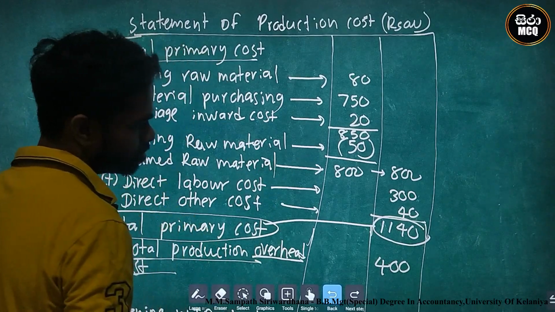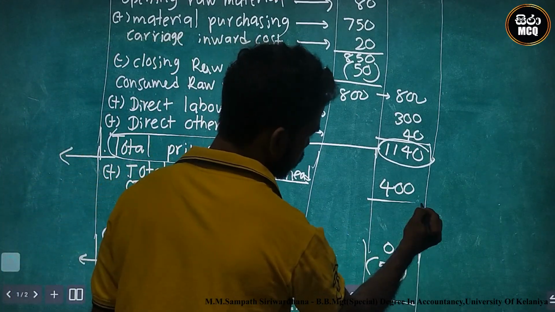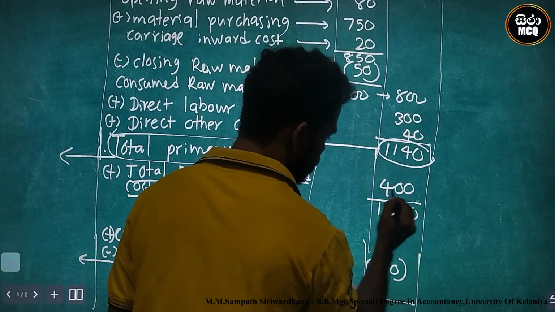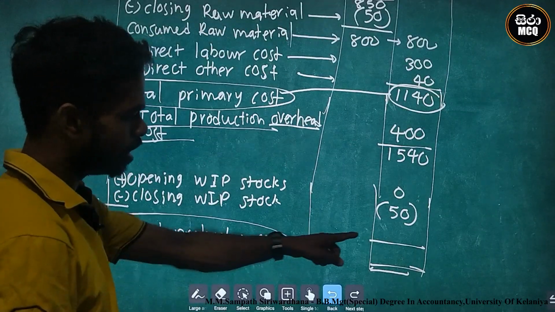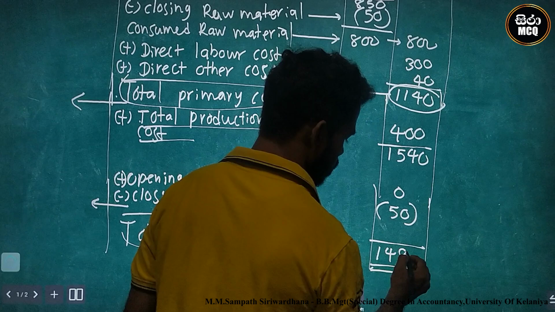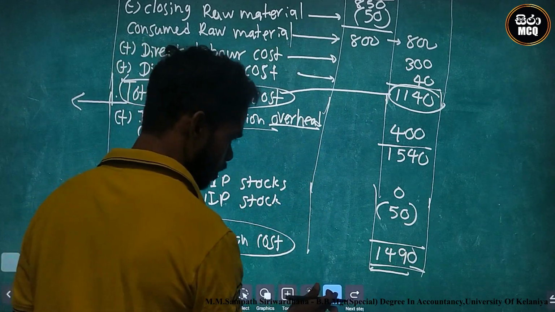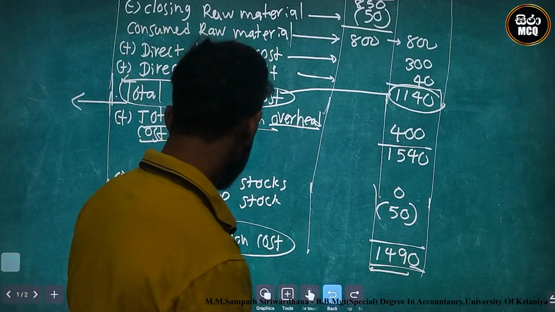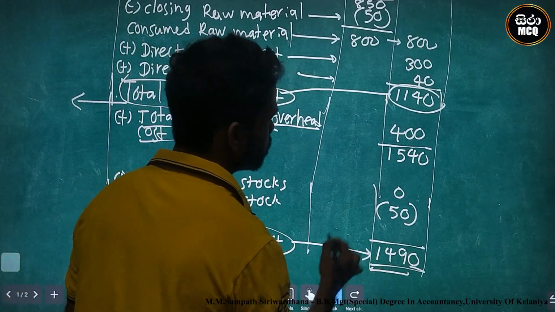We add 400, giving 1,540. After that we must deduct 50, giving 1,490. This is the total production cost.